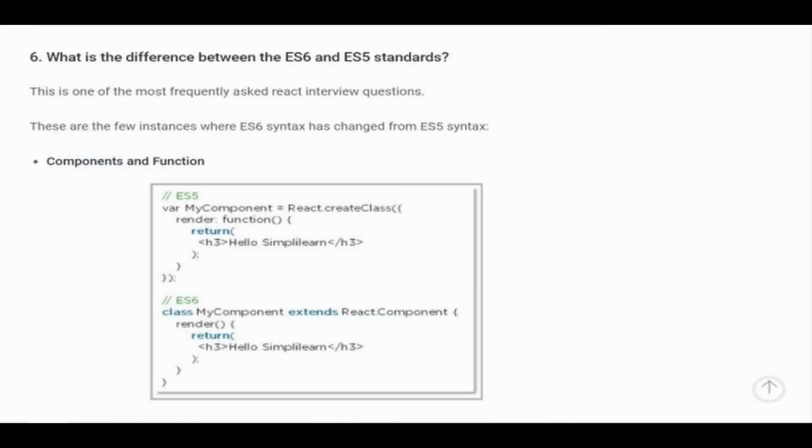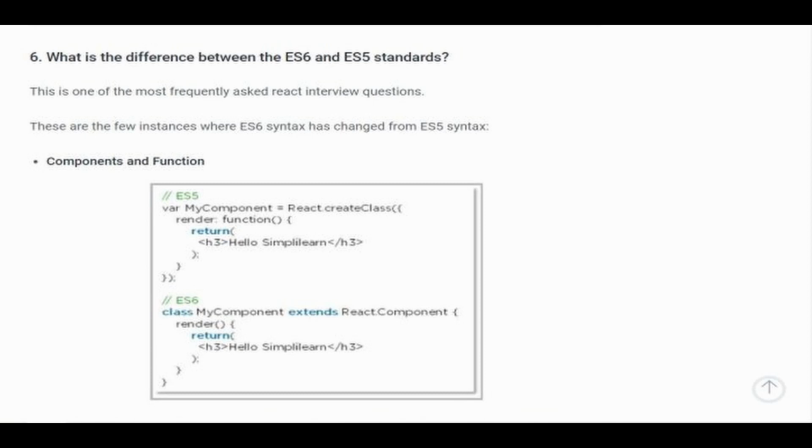Okay, so now this is the next question. What is the difference between ECMAScript 6 and ECMAScript 5? It is a very important question. We can see the syntax of ES5 and ES6 here. In ES6 we have created a class, and that class extends the React component, and we are returning something.